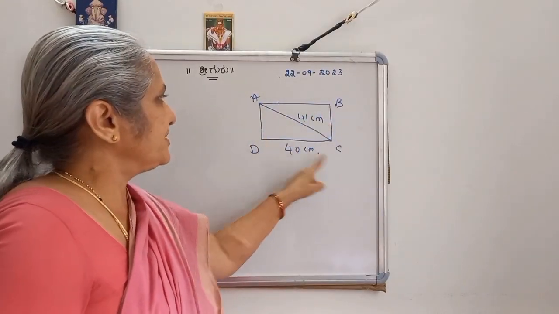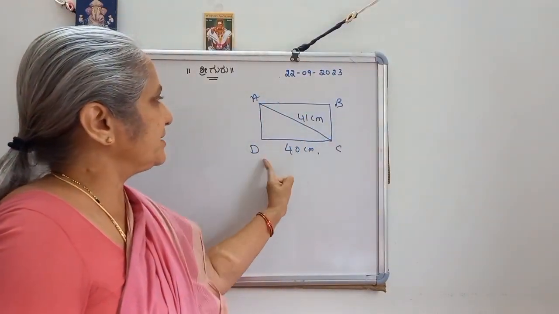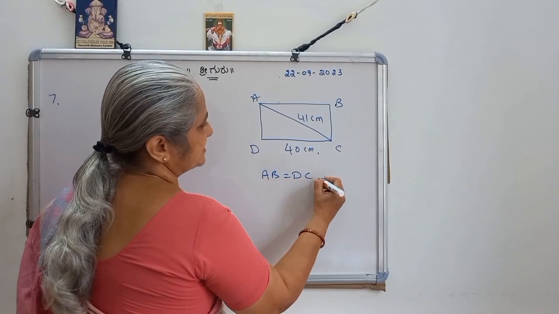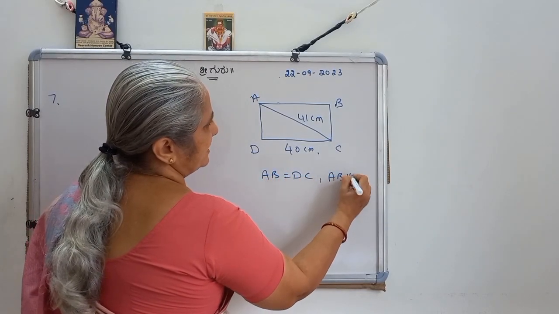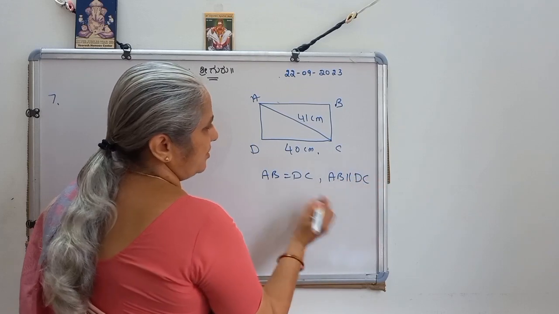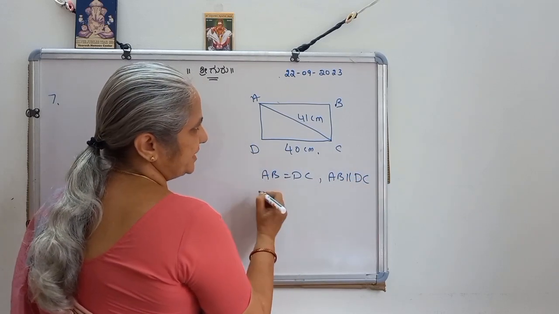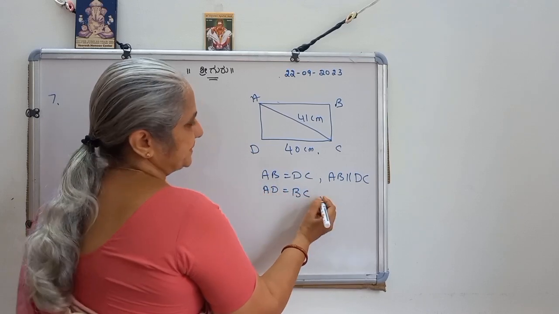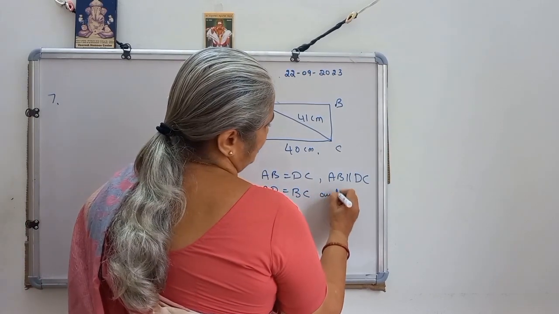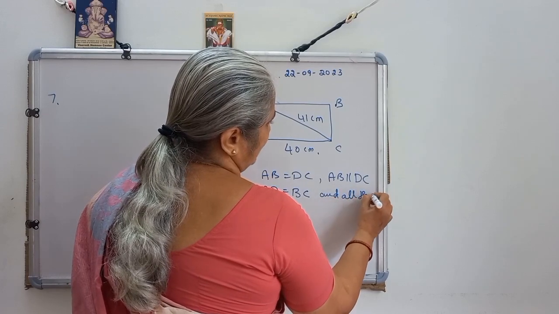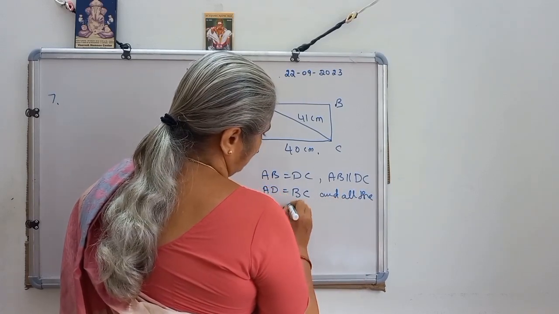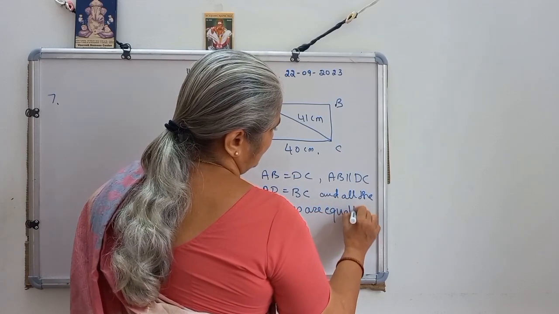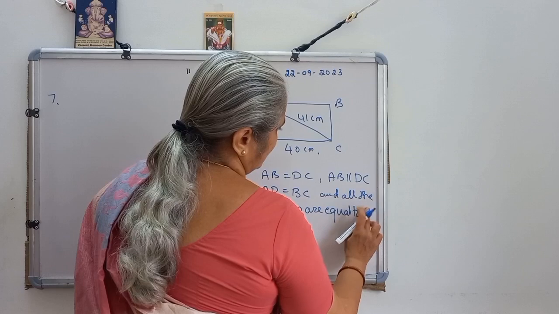AB is equal to DC and AB is parallel to DC, and all the angles are equal to 90 degrees. AD is equal to BC and all the angles are equal to 90 degrees.